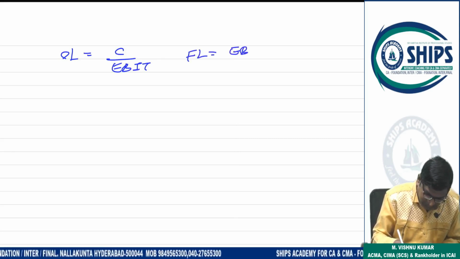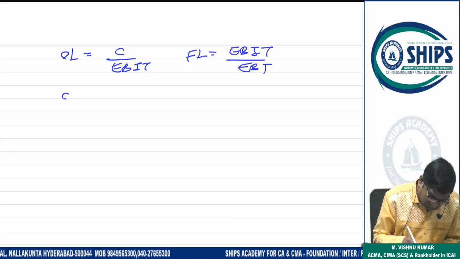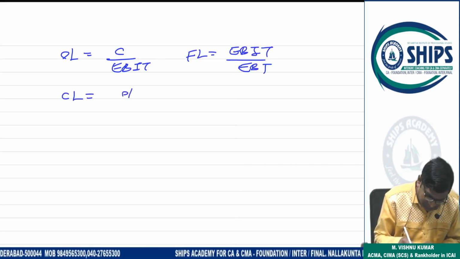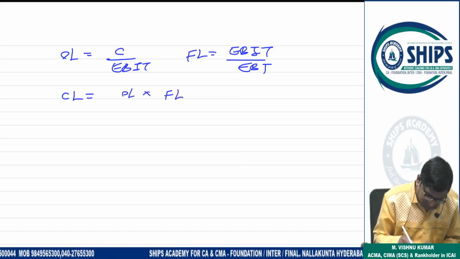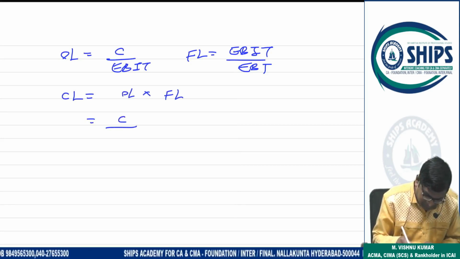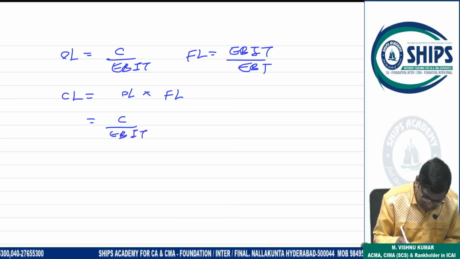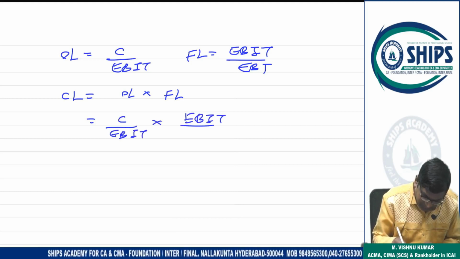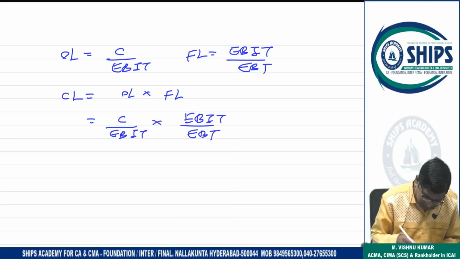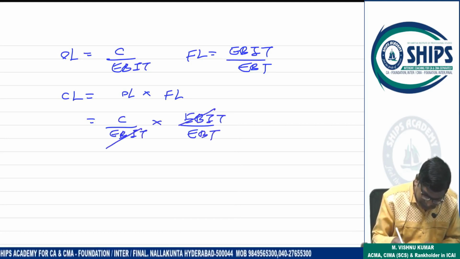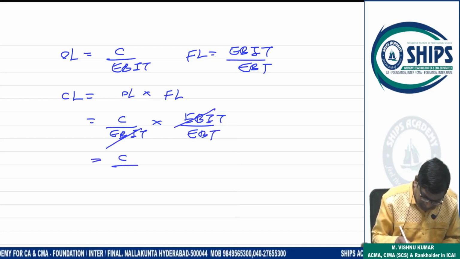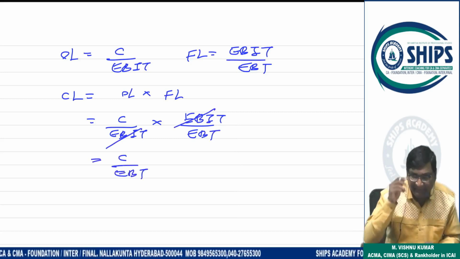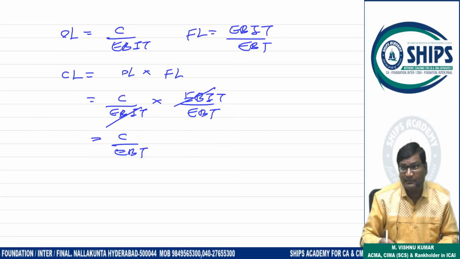Financial leverage is EBIT by EBT. So combined leverage is operating leverage into financial leverage. The EBIT and EBIT cancel. Ultimate formula is contribution by EBT.